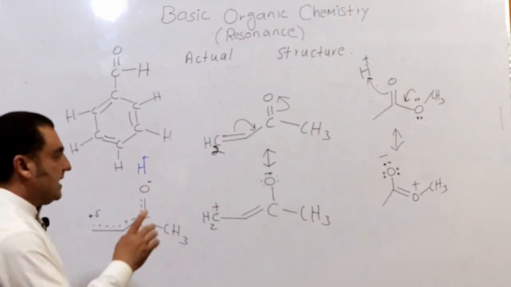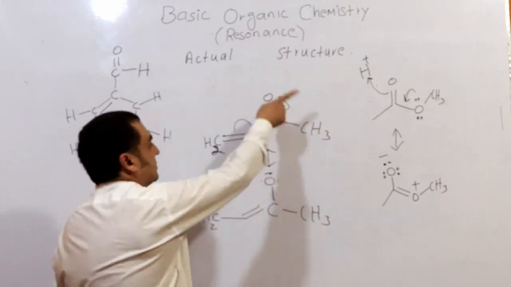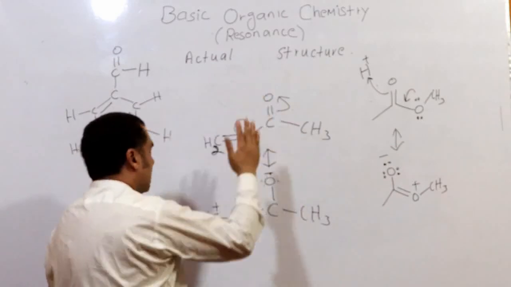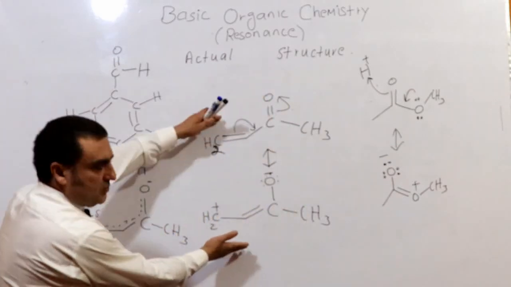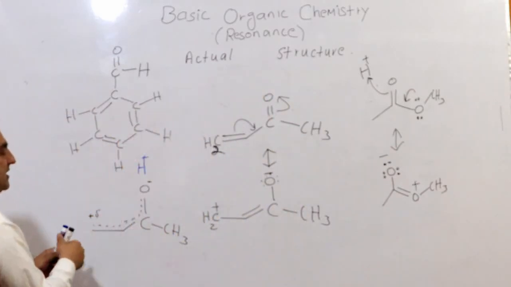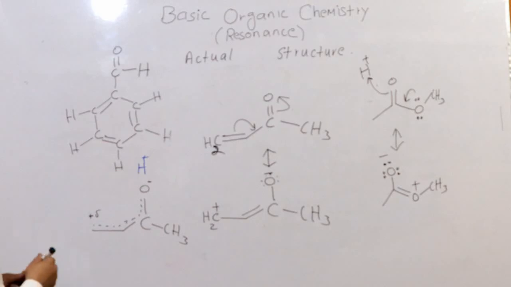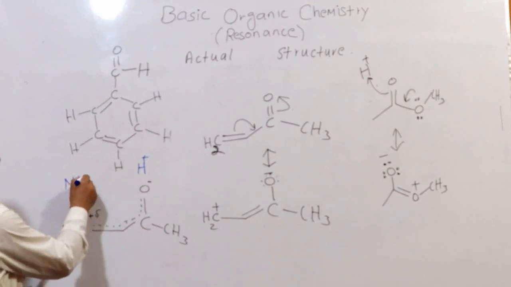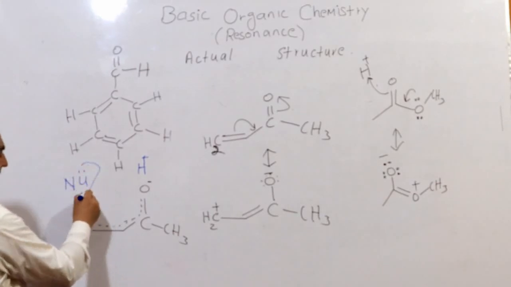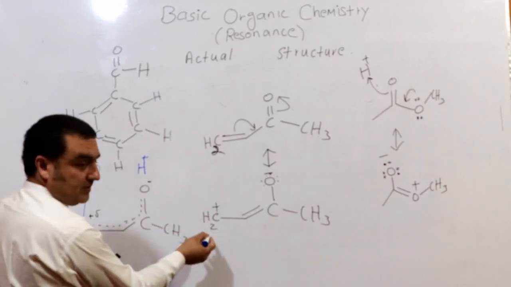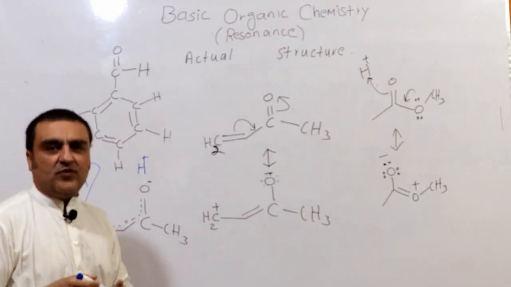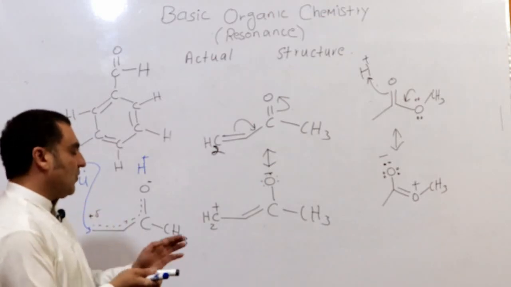Again I am repeating, those things don't occur, that it moves here and that is the actual structure; they help us to understand the structure. The actual structure is like this: the oxygen is a little bit negative and this carbon is a little bit positive. So if you have any nucleophile, Nu, it will attack this carbon, or you can say this carbon, because in the resonant form it is a little more obvious to you.